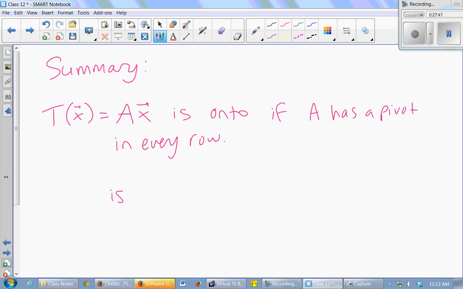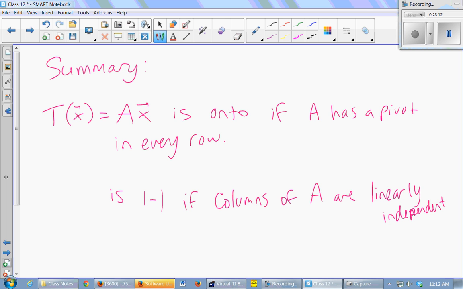It is 1-to-1 if the columns of A are linearly independent. And you check that by looking for free variables or solving the homogeneous system AX equals 0. If that has just one solution, 1-to-1.